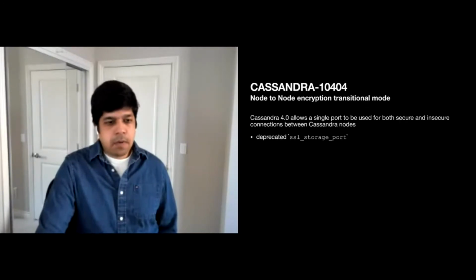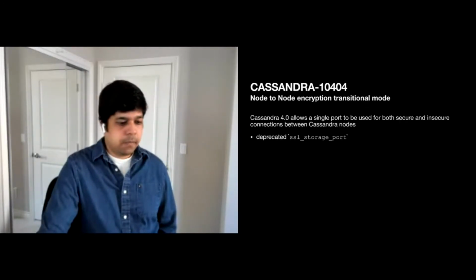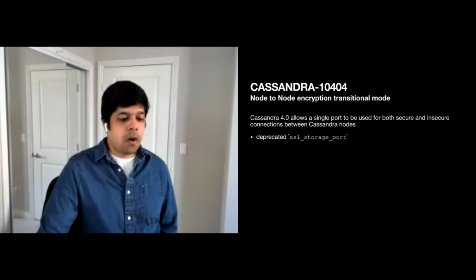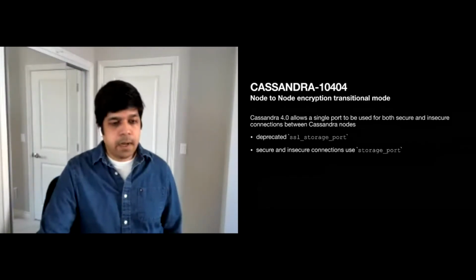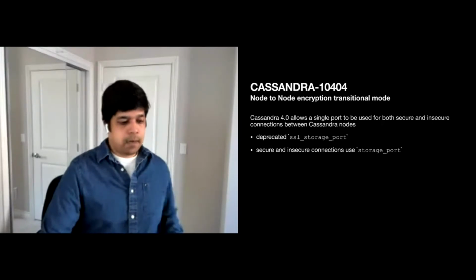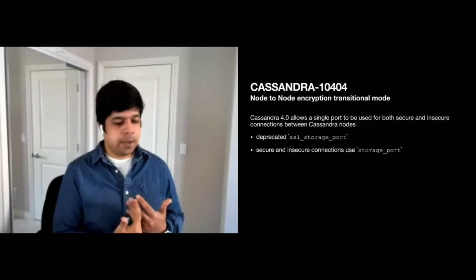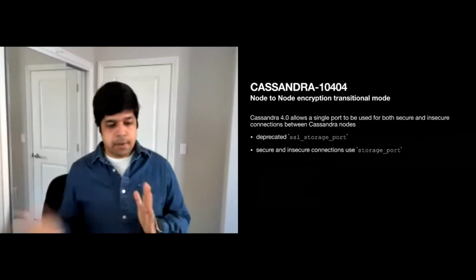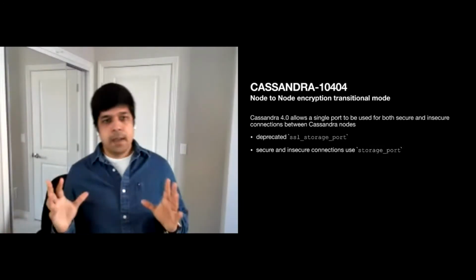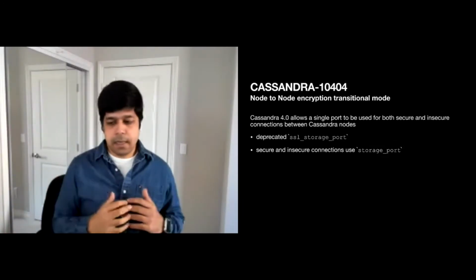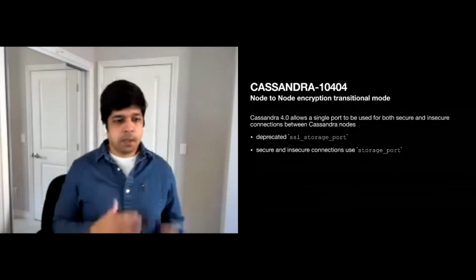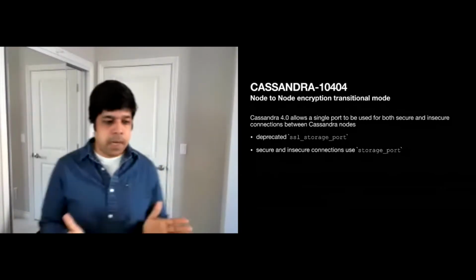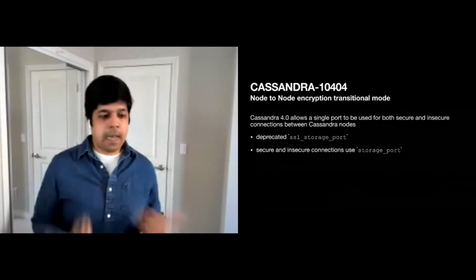You can simply specify whether you want optional TLS or you want TLS to be required. When Cassandra detects an incoming connection on that port, it looks at the settings and goes, hey, I'm going to accept insecure connections as well as secure connections. Depending on the type of connection you make, Cassandra will handle it seamlessly.